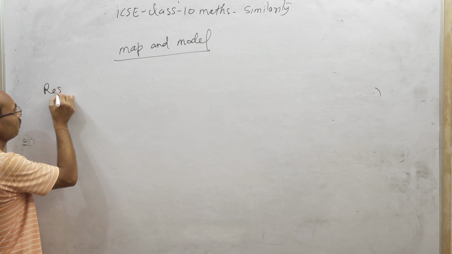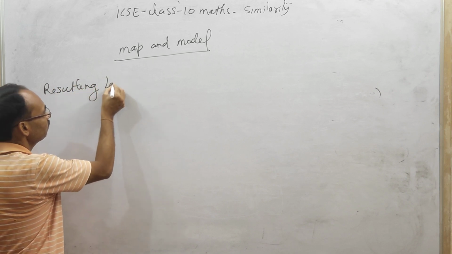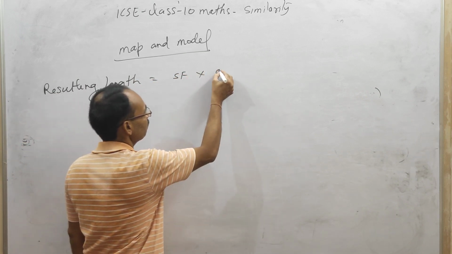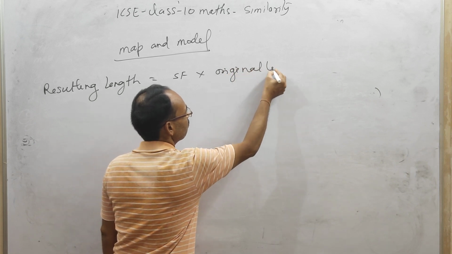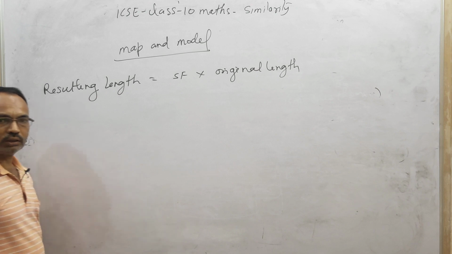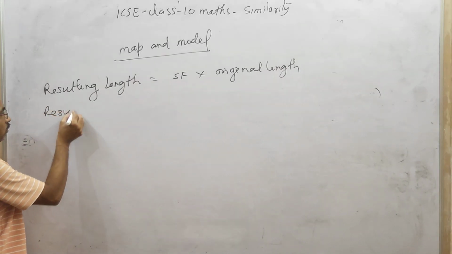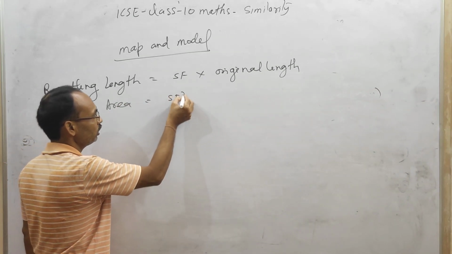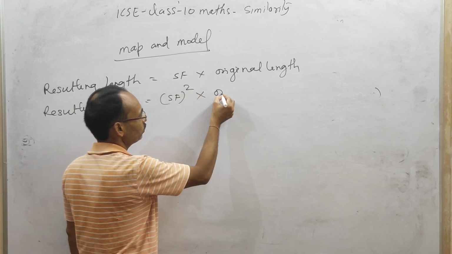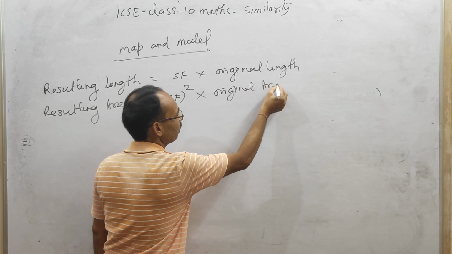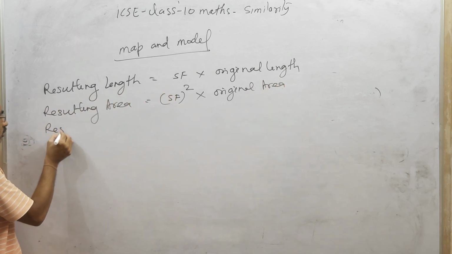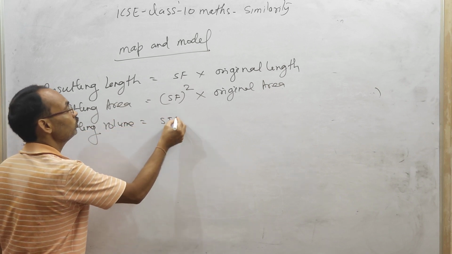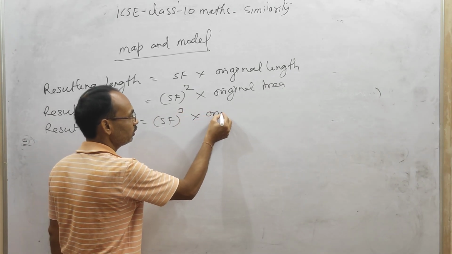The resulting length is equal to scale factor into original length, the resulting area of a figure is equal to scale factor square into original area, and the resulting volume of any figure is equal to scale factor cube into original volume.